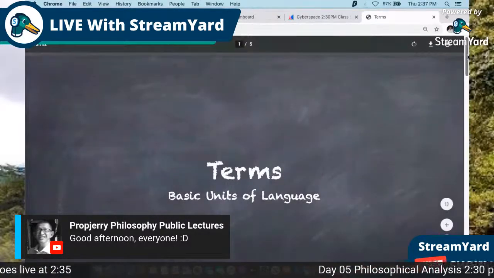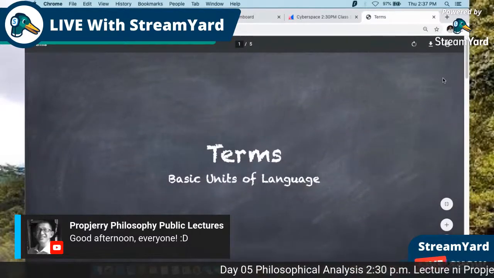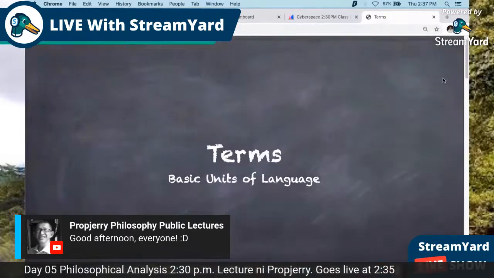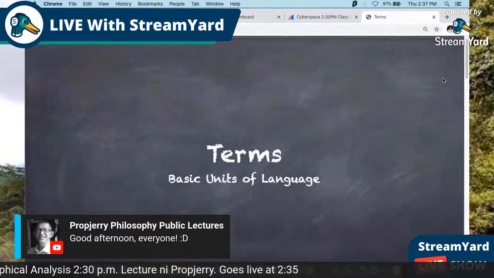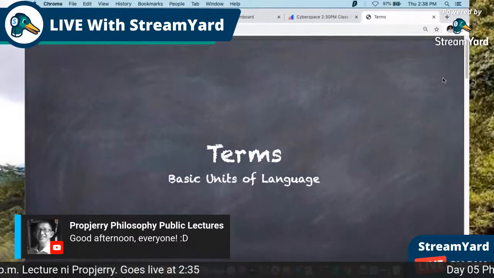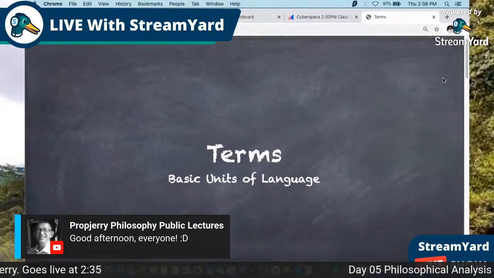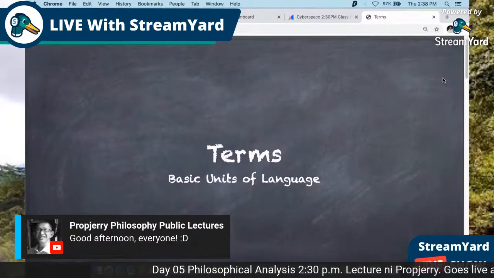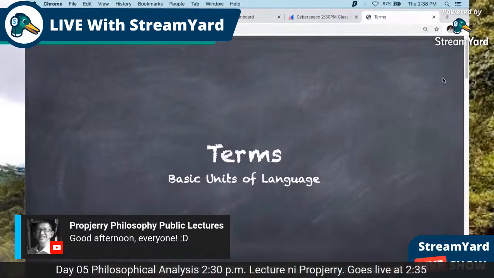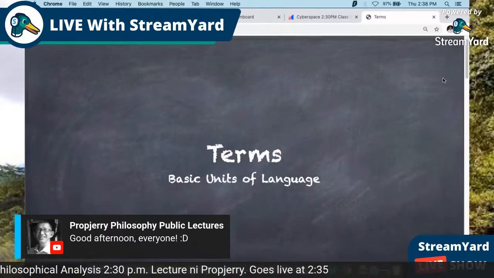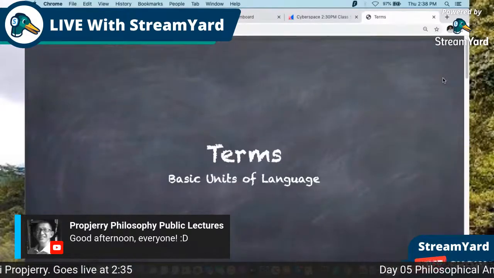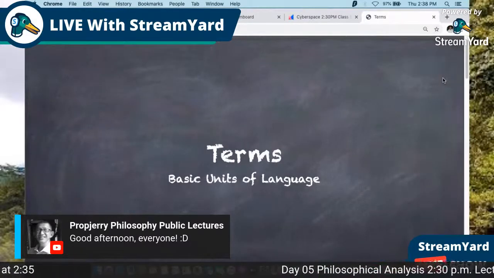What are we going to talk about today? Terms, the basic units of a language. Remember? What is a language? A language is a system of units realizable in some sensory medium, only certain combinations of which have meaning by convention, and hence useful for communication.